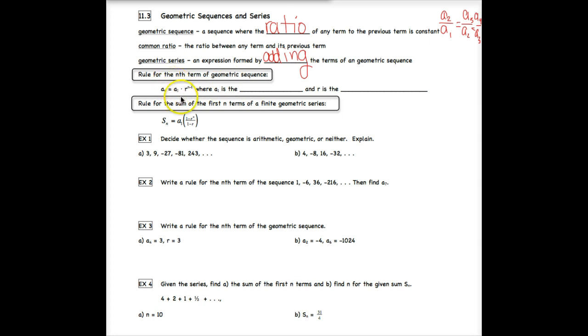So the formula for the rule for a geometric sequence is a sub n equals a sub 1 times r, which is the common ratio, raised to the n minus 1. A sub 1 again stands for the first term, just like it did in the last lesson, and r is the common ratio.